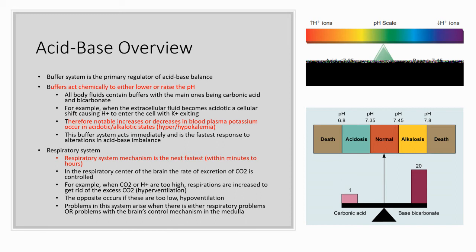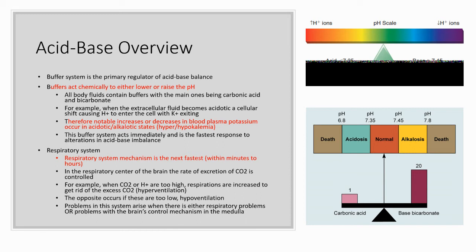Now, the next component is the respiratory system. The respiratory system mechanism is the next fastest, so it usually occurs within minutes to hours when an acid-base imbalance occurs in the body. In the respiratory center of the brain, the rate of excretion of CO2 is controlled. For example, when CO2 or hydrogen are too high, respirations are increased to get rid of that excess CO2.